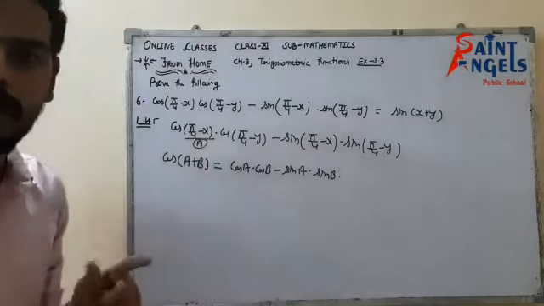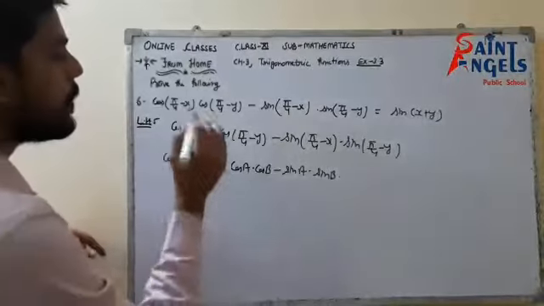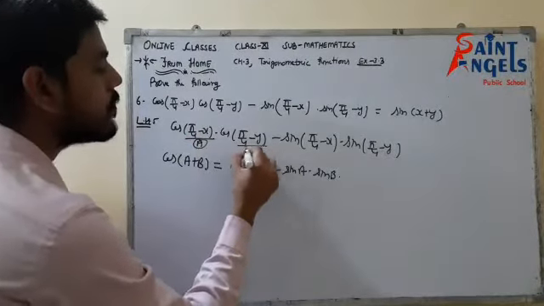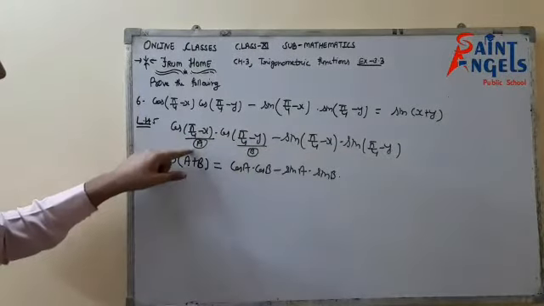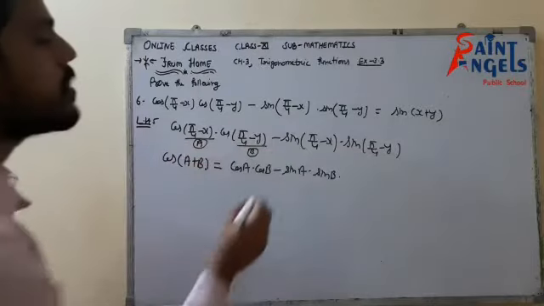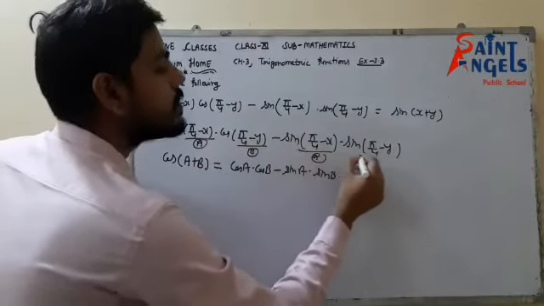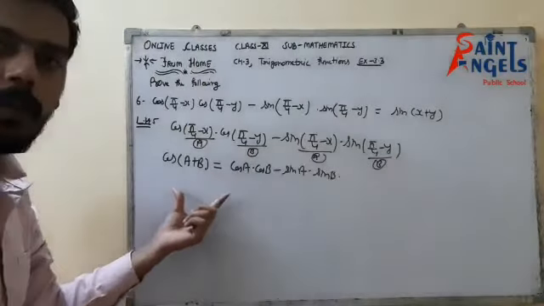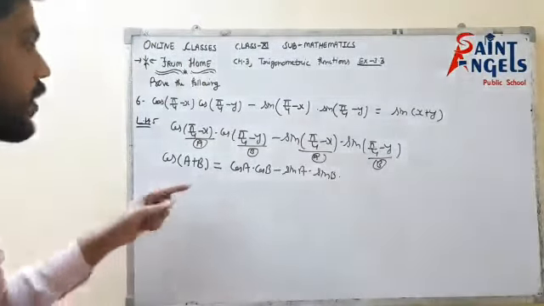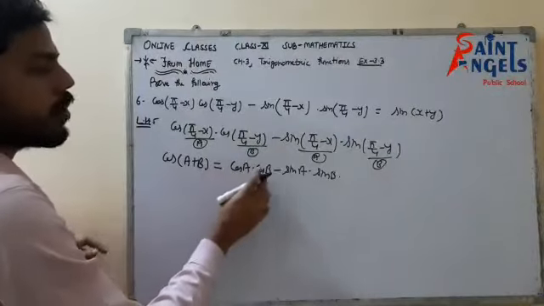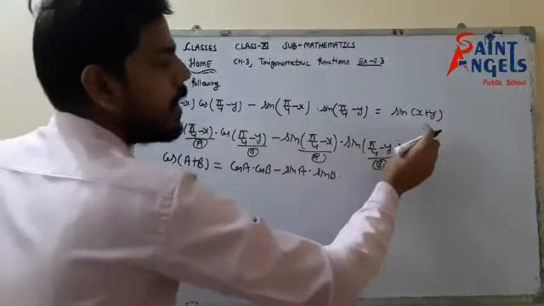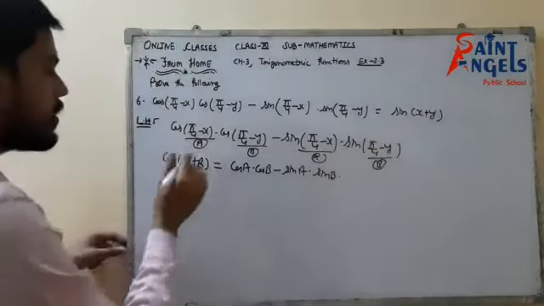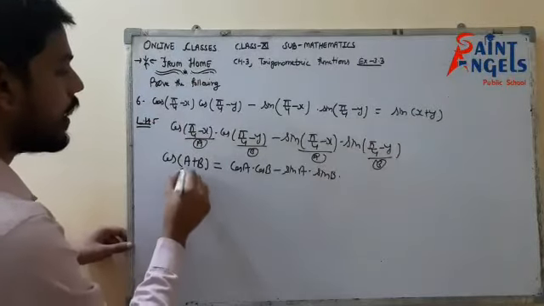Just consider in your brain that it is like a, and pi/4 - y is like b. So cos a cos b minus sin a sin b. This is in the form of this formula, isn't it? Same form I am having over here. So this is the formula of cos(a + b).